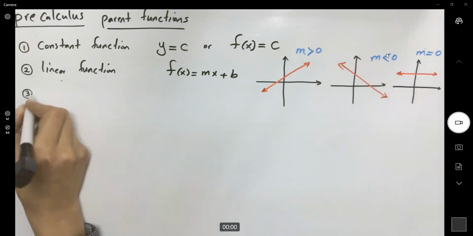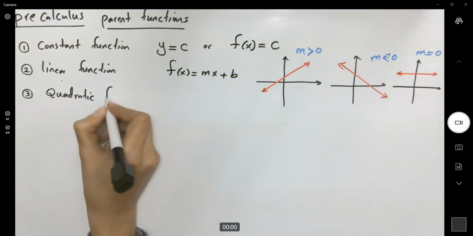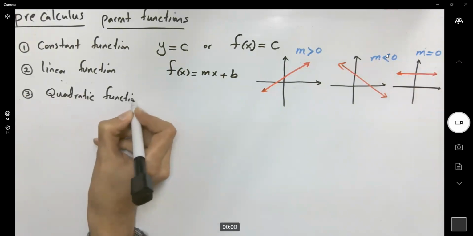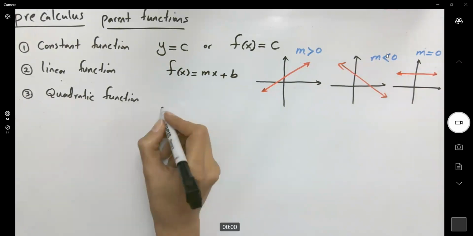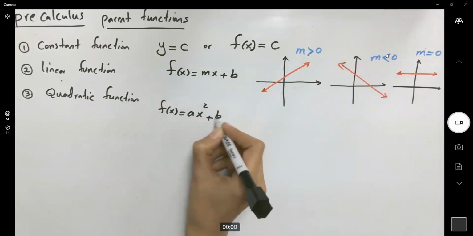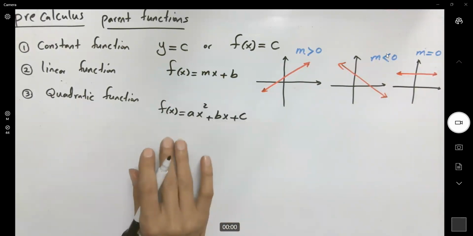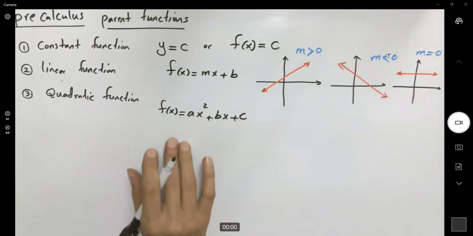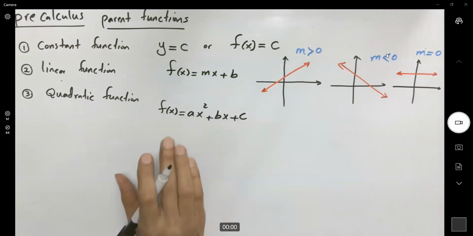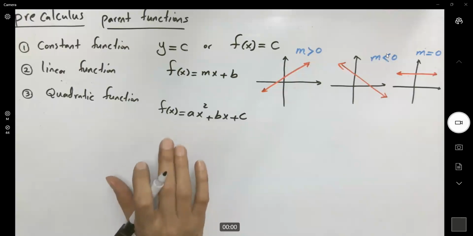The next function, as you remember, is the quadratic function. For a quadratic function, we denote this by f of x equals ax squared plus bx plus c. Remember that when we discussed this quadratic function, we went over examples about the axis of symmetry.